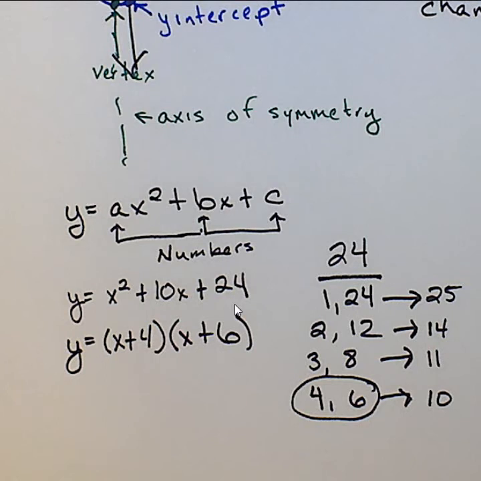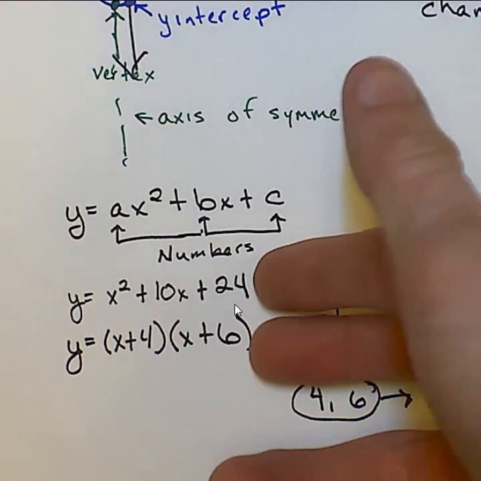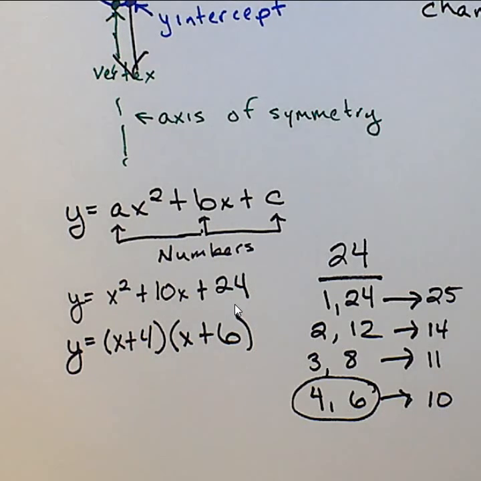If I were to type in the graph feature of the Inspire, y equals x squared plus 10x plus 24 and hit enter, and then I would go back and enter x plus 4 in parentheses times x plus 6 both in parentheses, you would not see two lines because it would be the same, or you would not see two quadratics because it would be the same graph. Okay? These two things say the same exact thing in two different ways. Alright?